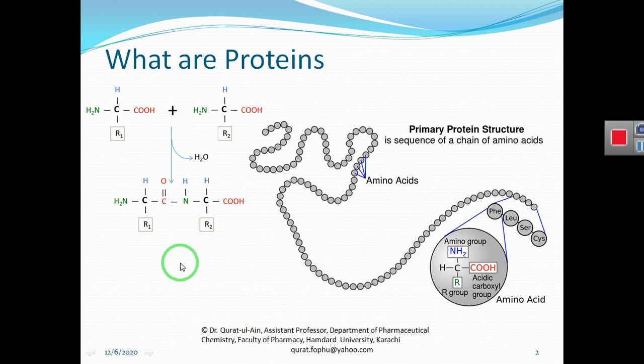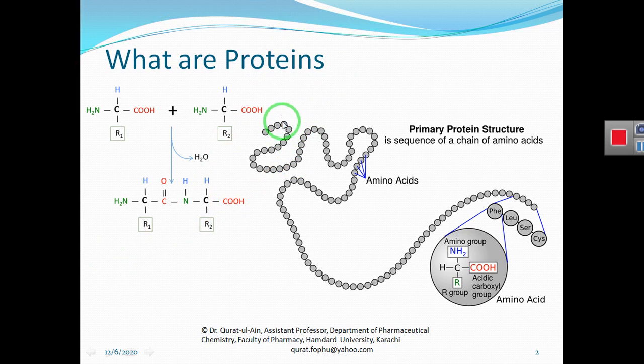So what happens when digestion takes place? In the digestion, the enzyme breaks down the peptide bond between the amino acids. If the enzyme breaks the peptide bond from here, what will we have?